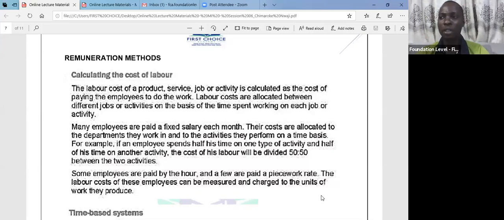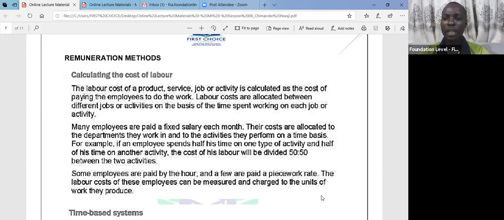and produce. So sometimes when you are doing your management accounting, you'll see labor cost per hour. When you see labor is paid at so much per hour, that means they are using hourly rates, time rates.